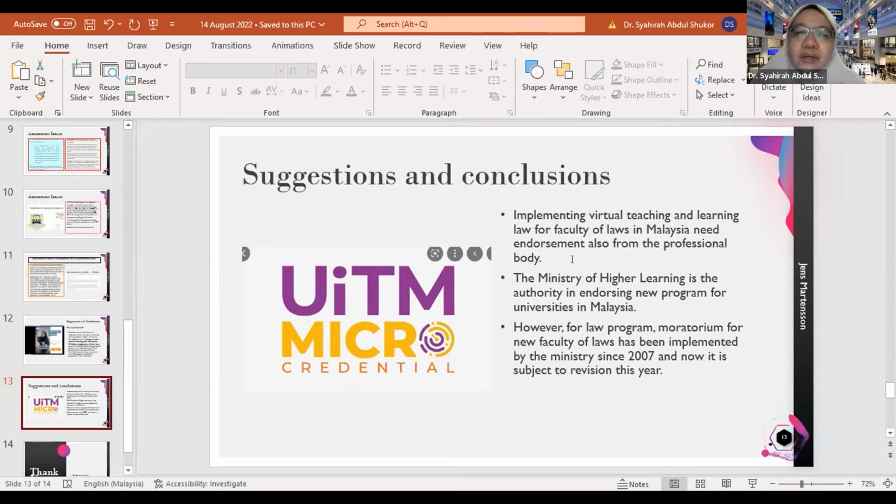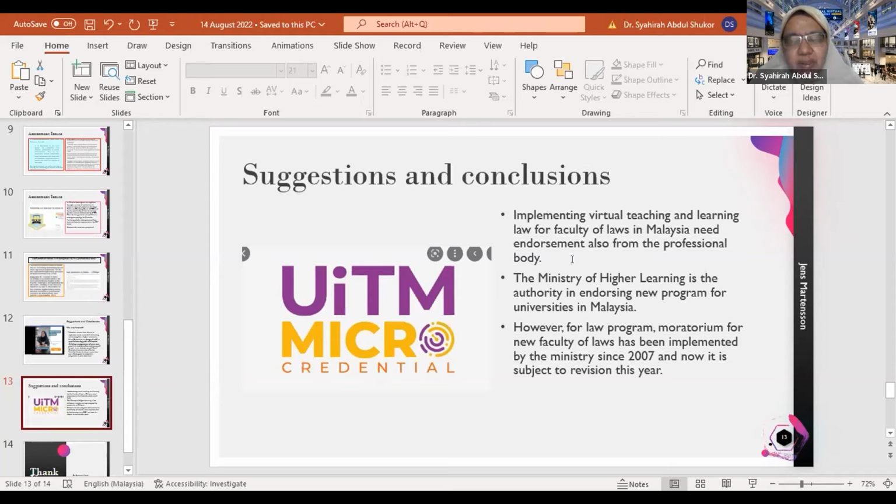However, for law programs in public universities in Malaysia, there has been a moratorium on new faculties of law, which means there have been no new faculties of law that can be offered. It has been implemented by the ministry since the year 2007, and now it is subject to revision this year.